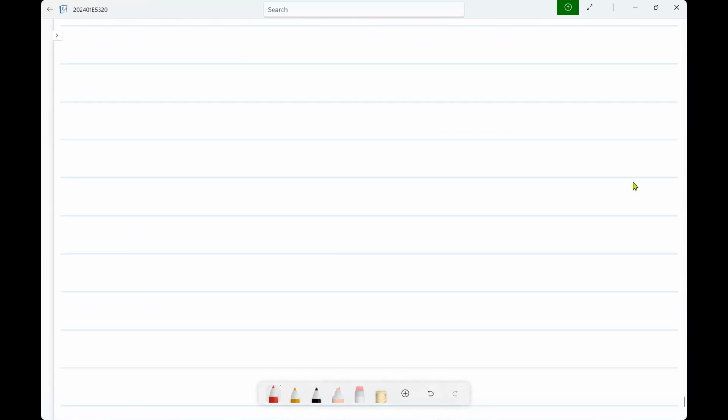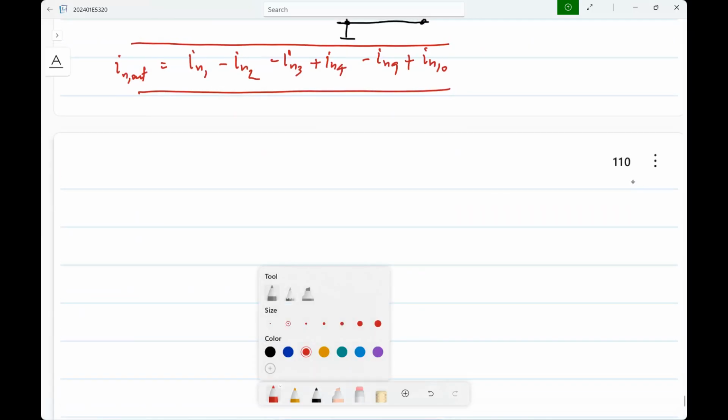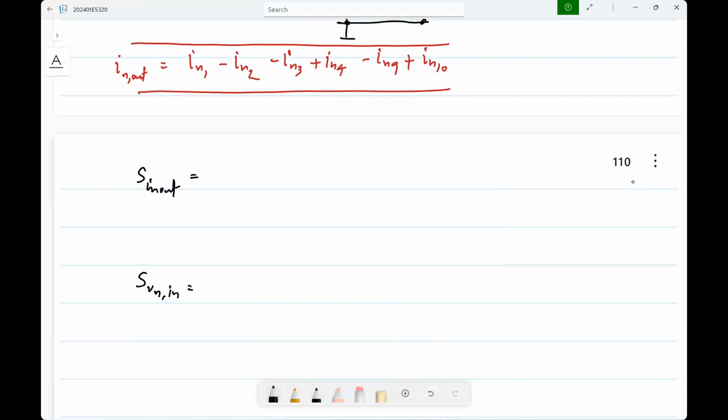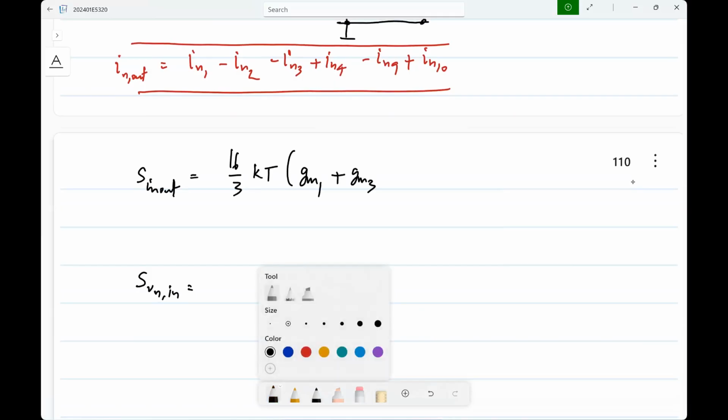Again, I won't go through the derivation, but what was the expression for the output noise current spectral density? It was 16 by 3 kT times GM1 plus GM3. Now we will also have plus GM9.